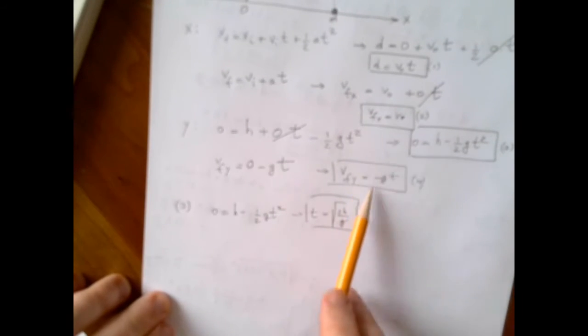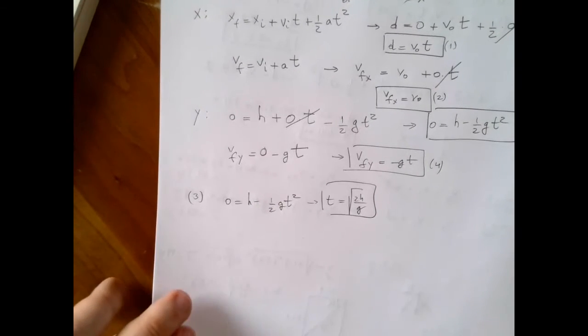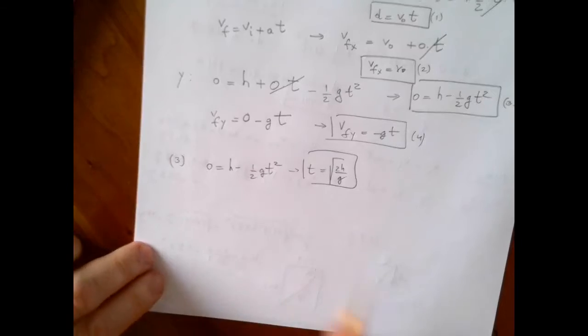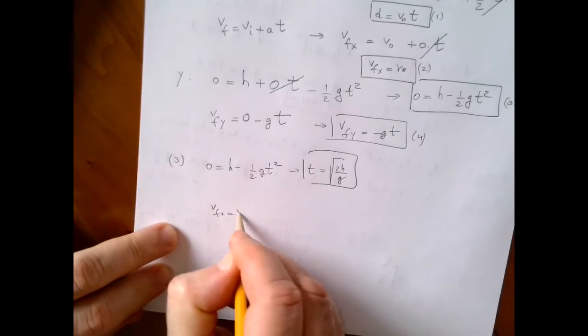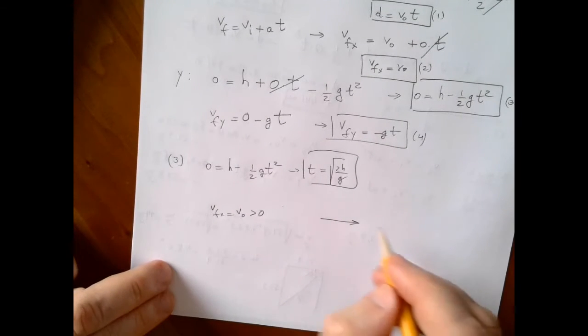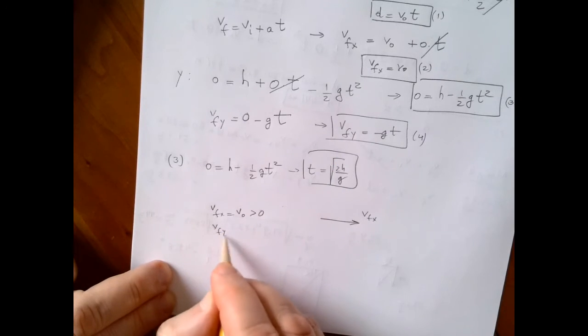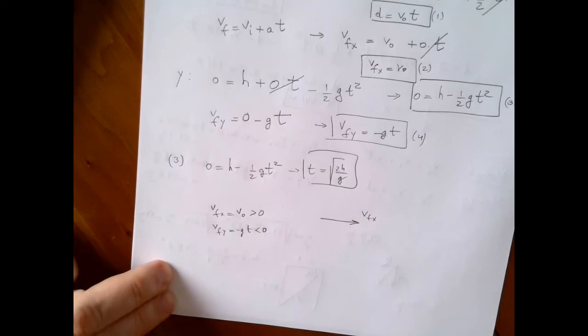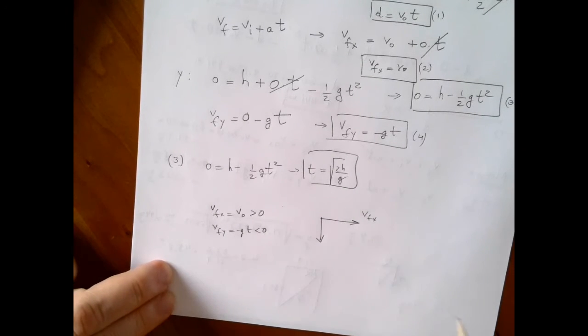In order to find the final speed, if we have the components, it is easy to find the final speed using the Pythagorean theorem. So Vfx is V0 and is clearly positive, while Vfy is negative gt, clearly negative, which means it will point down.